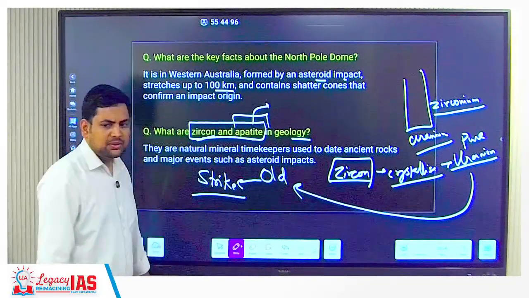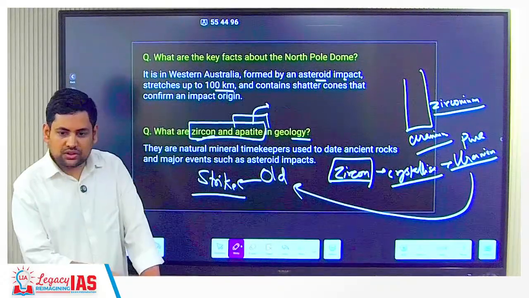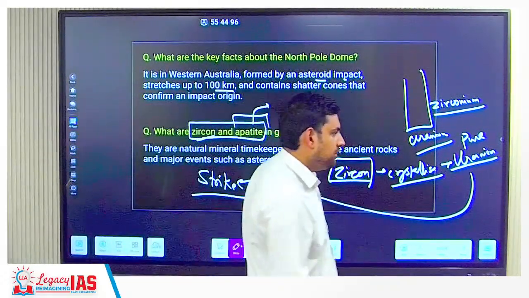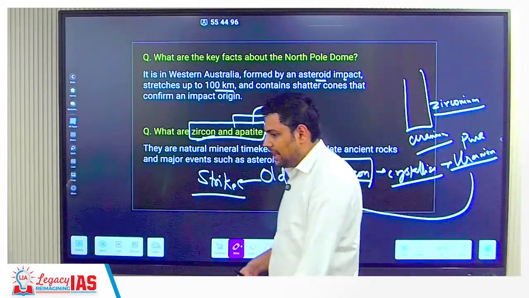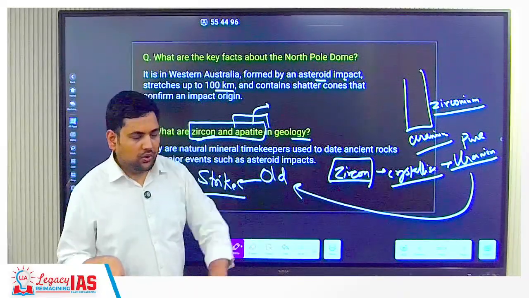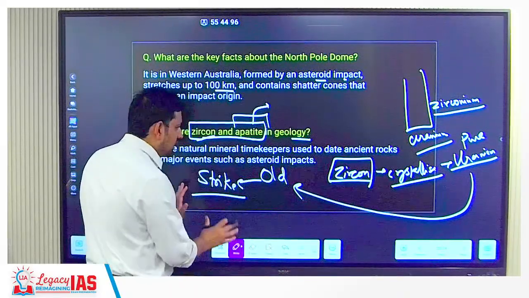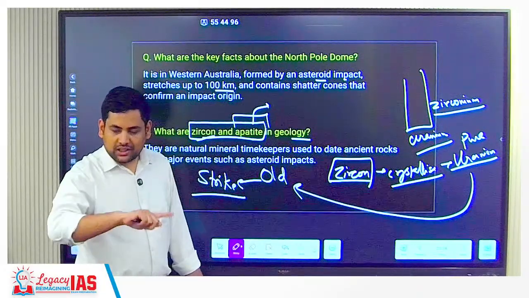Apatite is basically phosphate groups, from which the enamel of your teeth and the outer layer of bones are made. Now apatite has a very special property, that it melts very easily and it flows. So this tells you about when it must have struck and what impact it has caused.